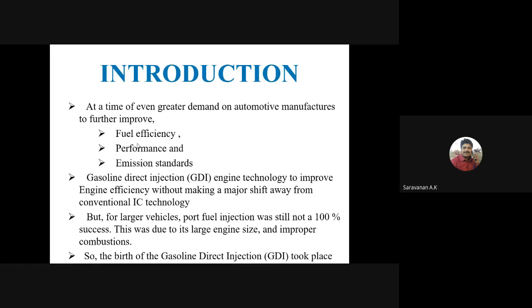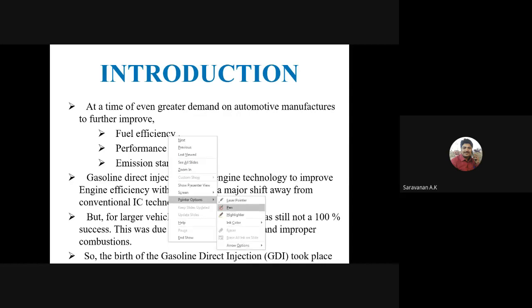The modern technologies used in IC engines: why do we have to develop new technologies? Because of three conditions. The first is fuel efficiency.